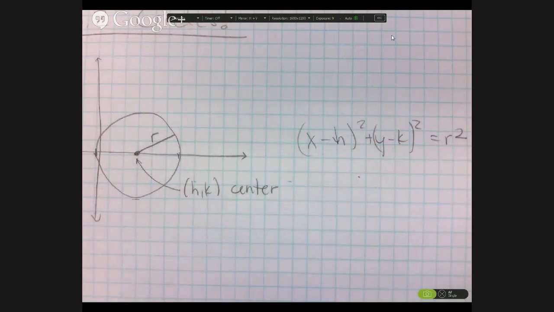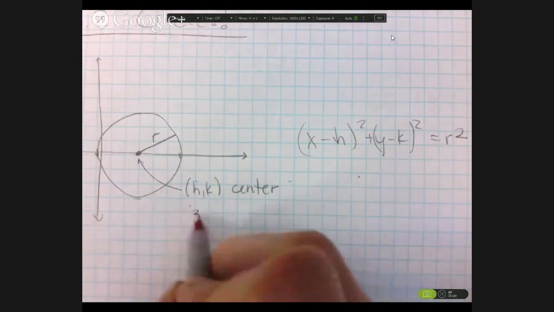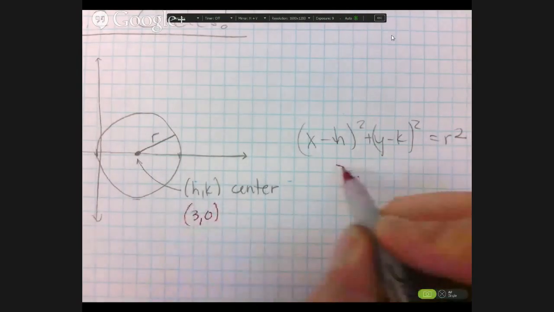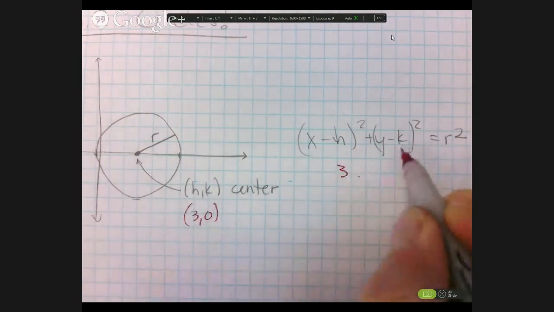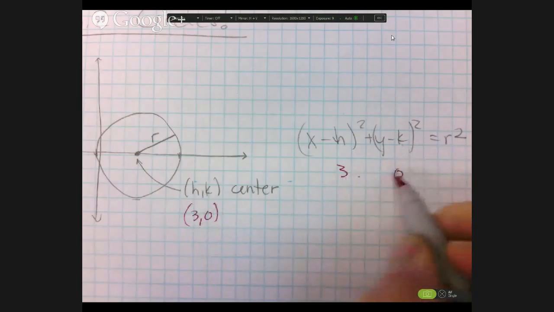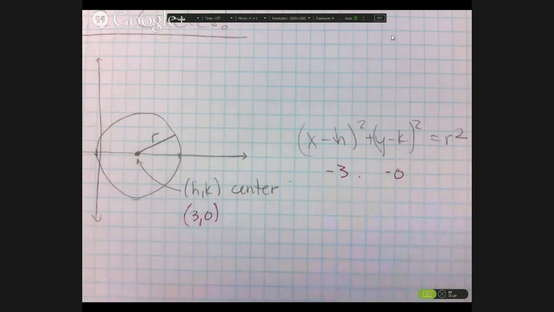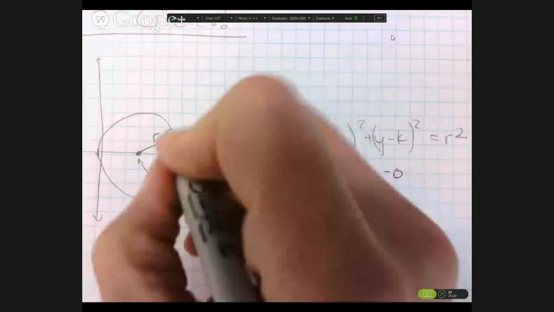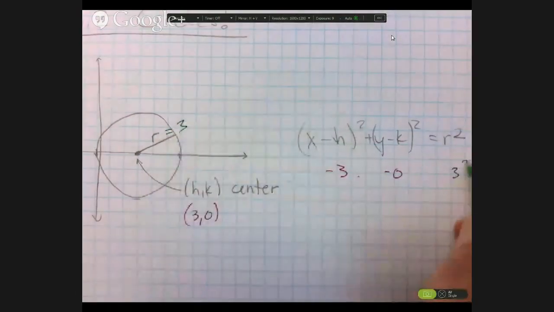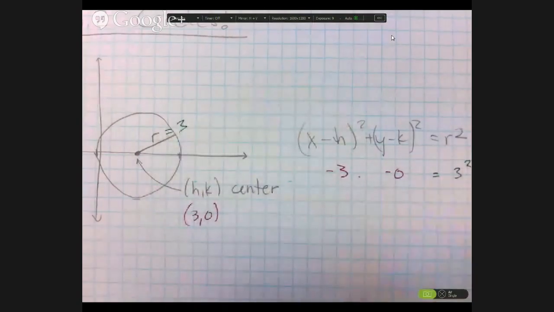We call this analytic geometry because you're taking shapes and analyzing them in the coordinate plane. So what are the coordinates of the center of that circle? Okay, so we have 3. K is 0. We don't really need to write it. And what's the radius? Yeah, we would put it as 9.